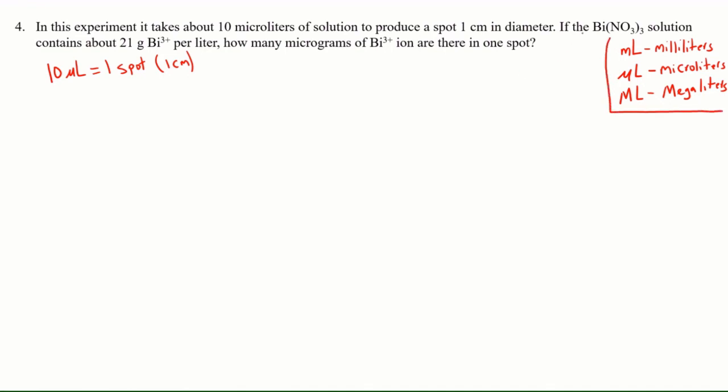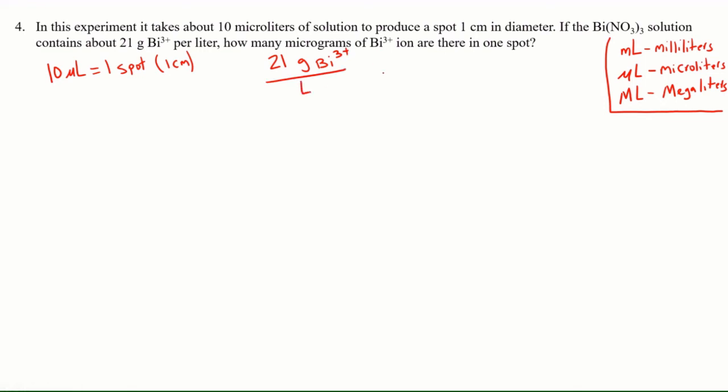Okay, next. If the bismuth nitrate solution contains 21 grams of bismuth per liter, well, that's a new piece of information. I'm given the concentration of this solution. The concentration is 21 grams of bismuth per liter of solution.